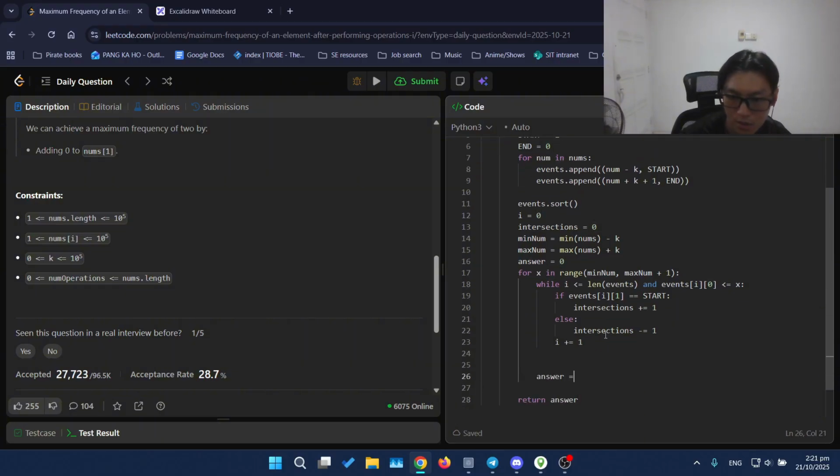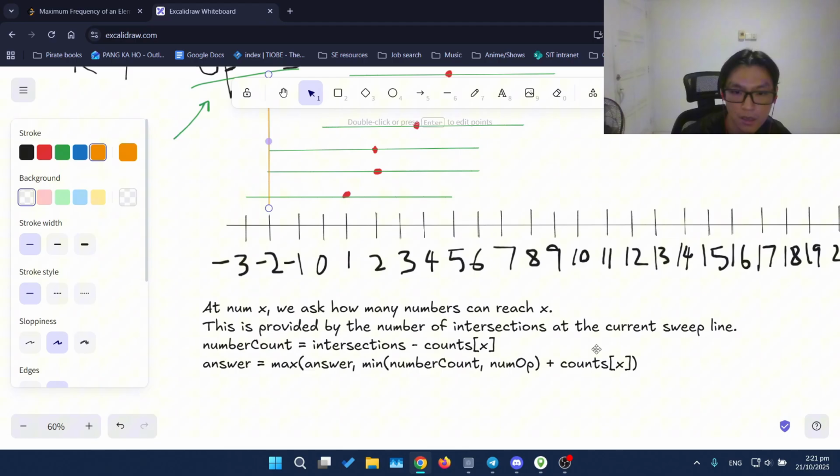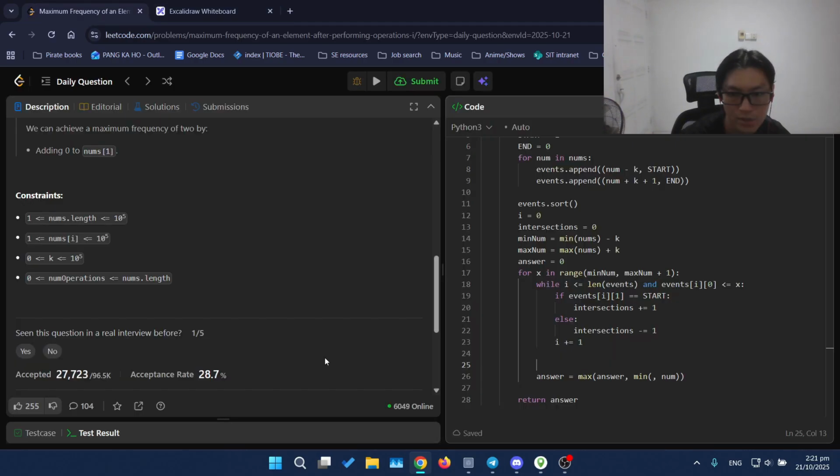So answer is equal to the max of answer and the min of intersections, and no, it's not this one. Let's see the formula. Intersections minus count of x. Okay.